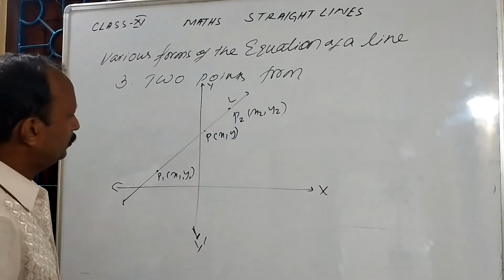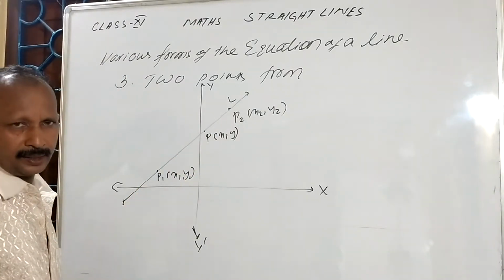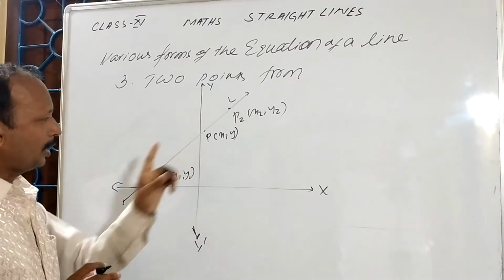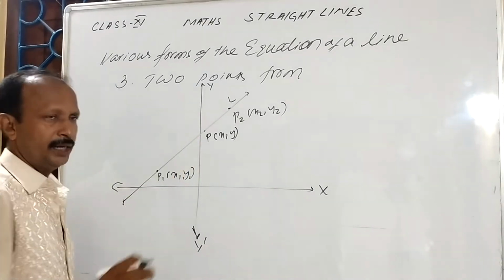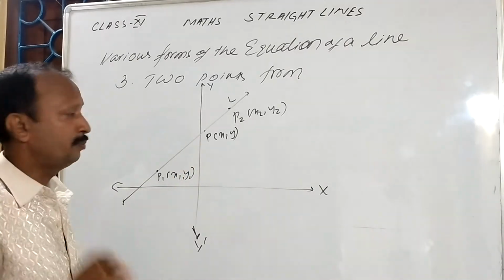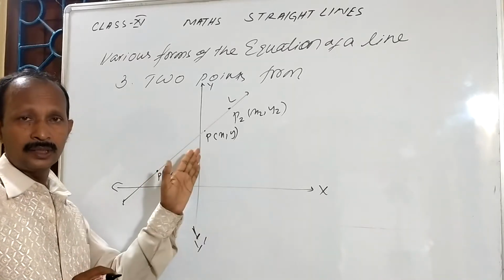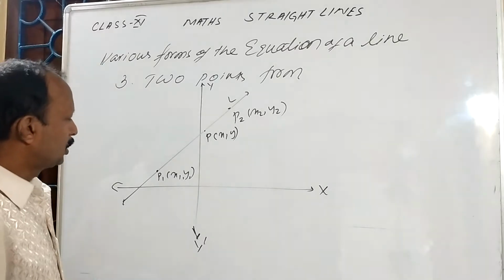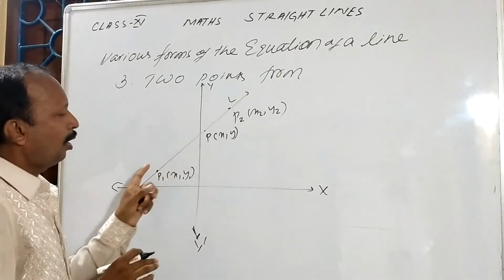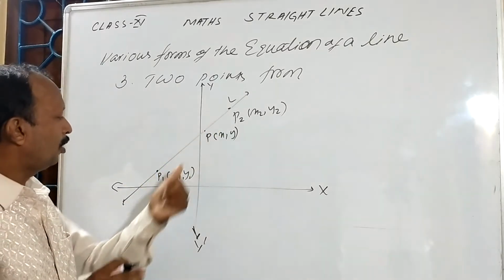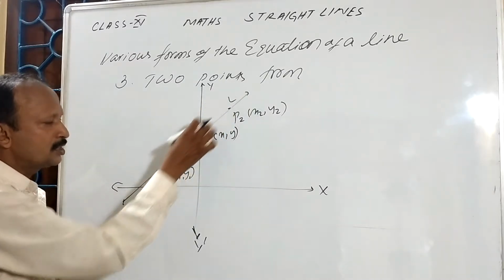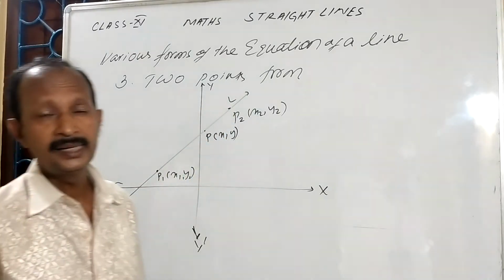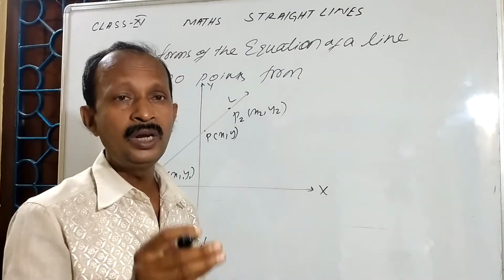So 2 points are there, P1 and P2. I have taken one arbitrary point, one variable point, that is P(x, y). So we know that slope of P1P is also equal to slope of P1P2, because these 3 points are in one line. These 3 points are collinear.